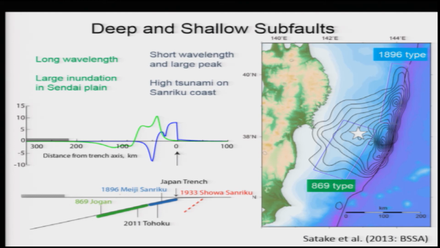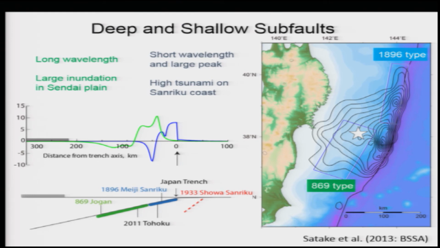And then the 1896 Meiji Sanriku earthquake was not along the portion which was ruptured during 2011 and Jogan, but it was an up-dip earthquake, and the effect which has been shown is different from what was experienced in 2011 and in the Jogan earthquake of 869.